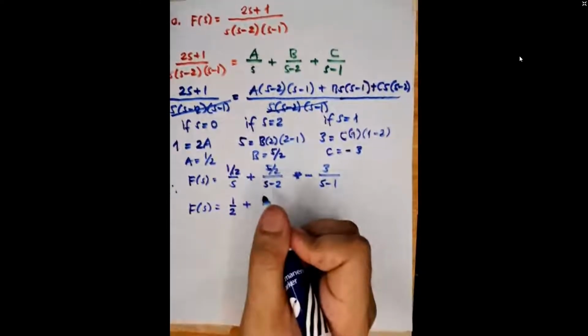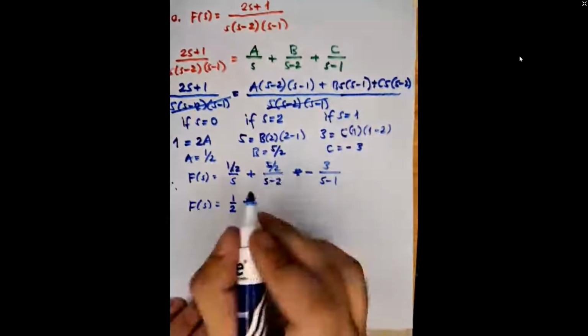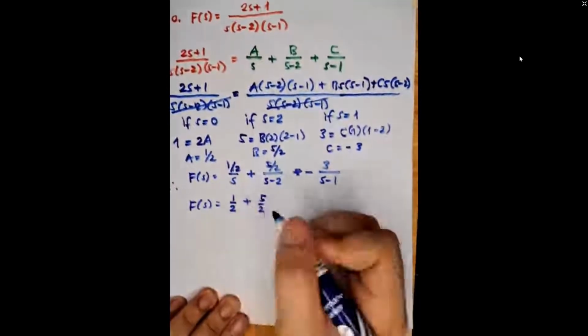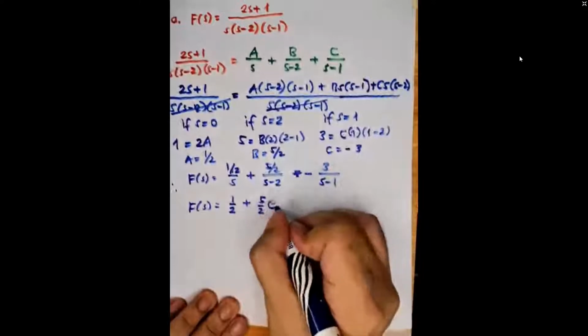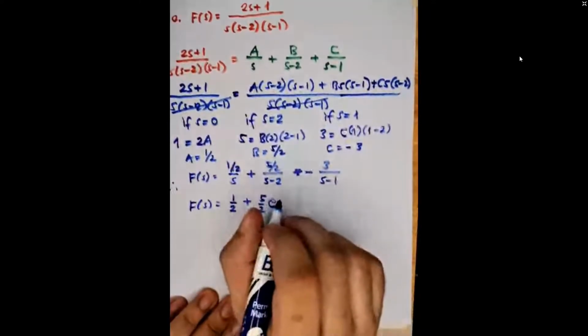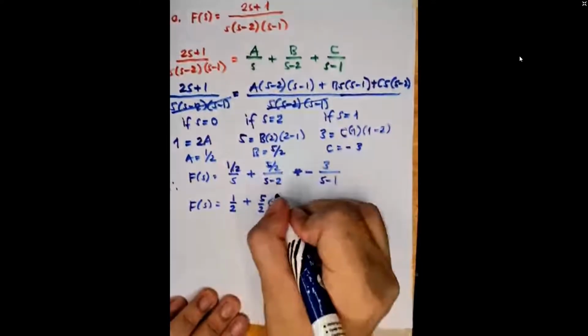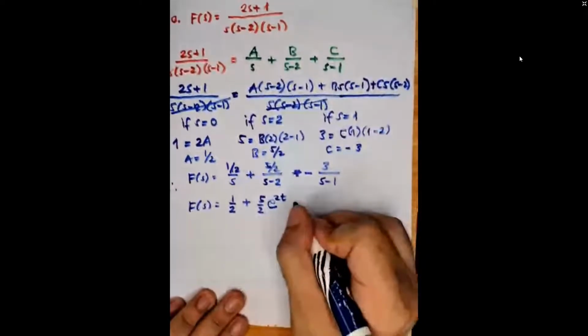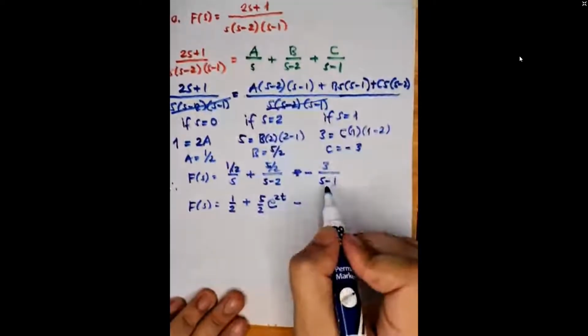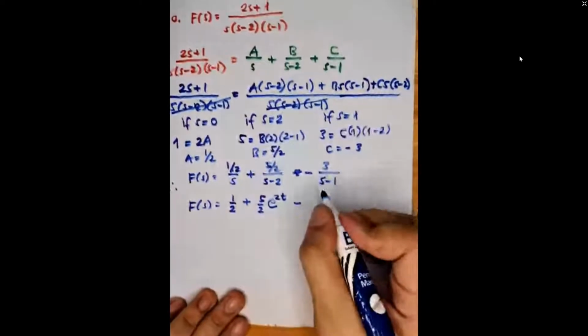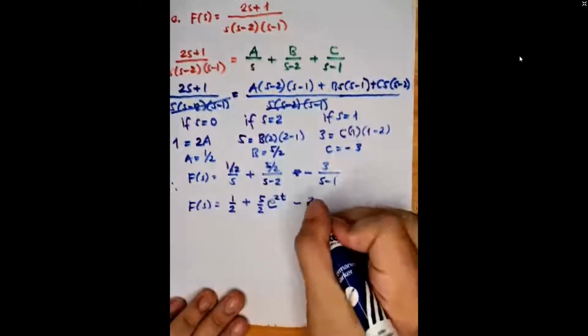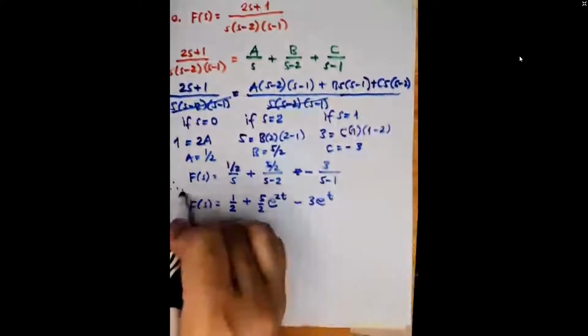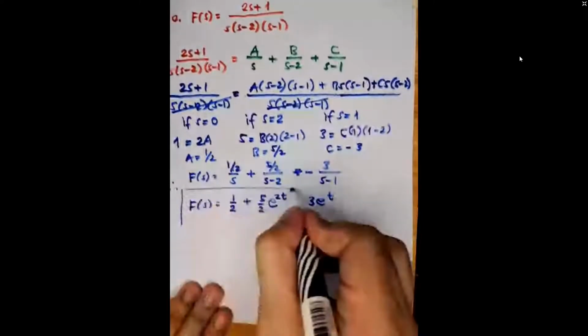So that will be this one. So that will be 5 over 2 e raised to 2t, since it's s minus 2. Okay, minus, same thing, there's only one of that, 3 e raised to t. So this will be our final answer.